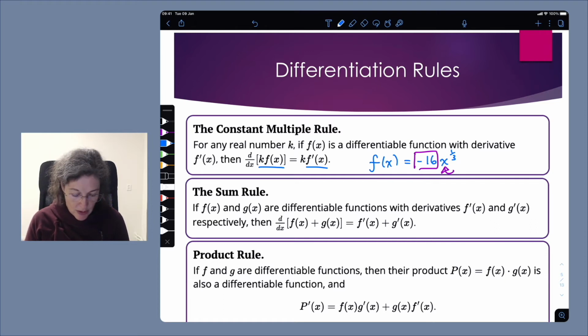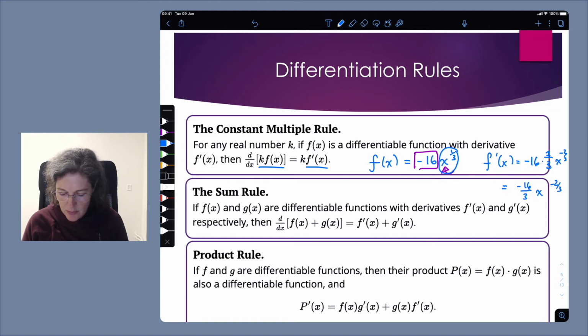So my derivative must be just the constant, which is minus 16, times the derivative of this function here, which is 1/3 x to the 1/3 minus 1, which is minus 2/3. So if I write that out slightly more clearly, that's minus 16 over 3 times x to the minus 2/3.